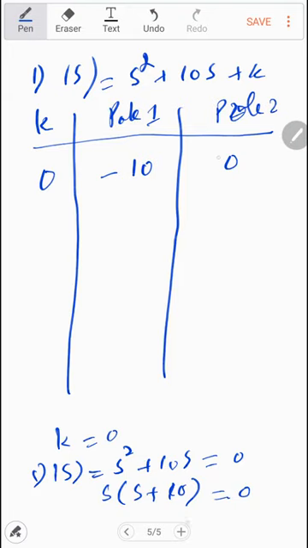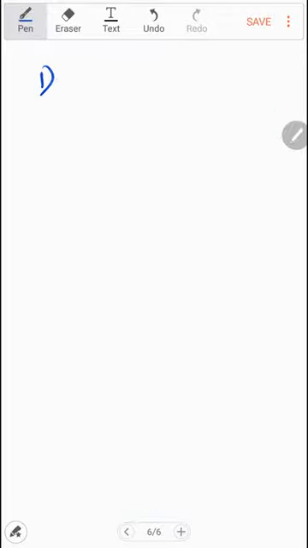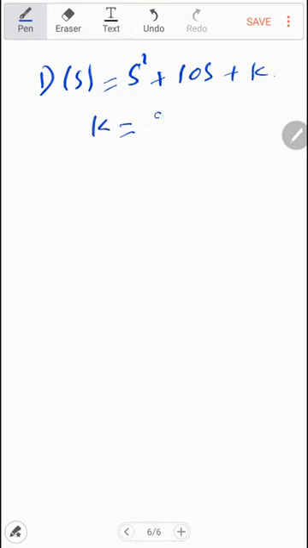Similarly, let's use another value. Let me use the same D of S, which is equal to S square plus 10S plus K. Say the value of K is equal to 25.